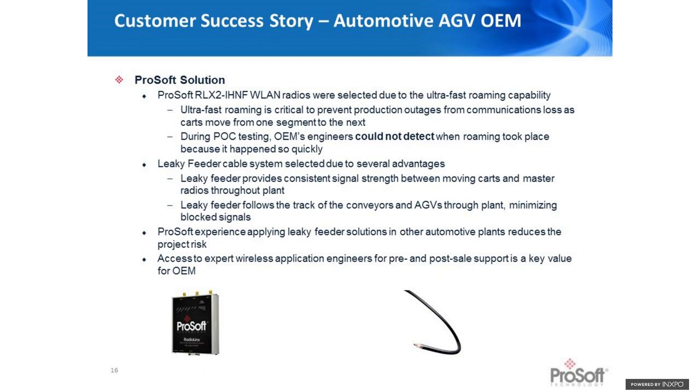Our experience working with leaky feeder really reduced the risk of the project, and our access that we provided to our expert application engineers in this case was really a critical value pre-sale and post-sale for the OEM. We were able to help them through this project from beginning to end and make it very successful.